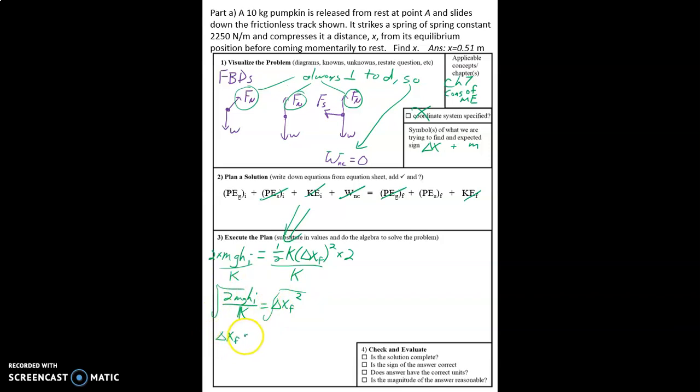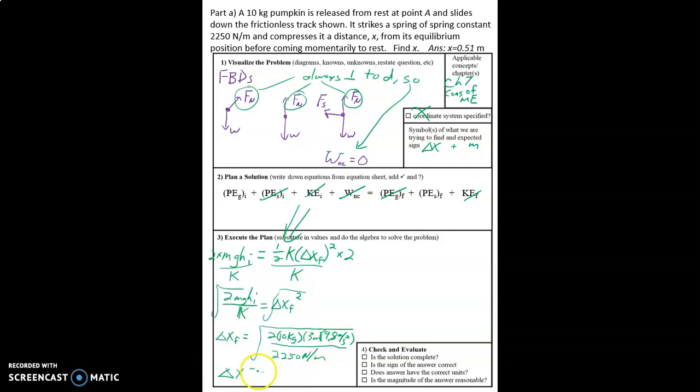And so delta xf equals the square root of 2 times 10 kilograms times a height of 3 meters. Oh, I'm doing it in a different order. Forgot my g there, acceleration due to gravity, 9.8. And then divided by k, which is 2,250 newtons per meter.